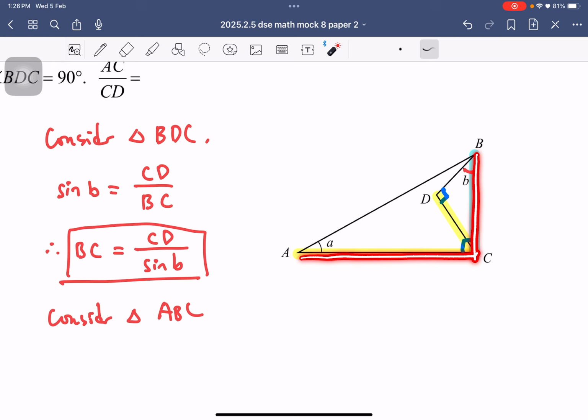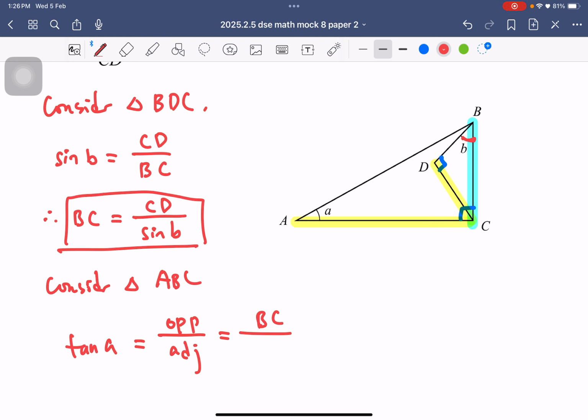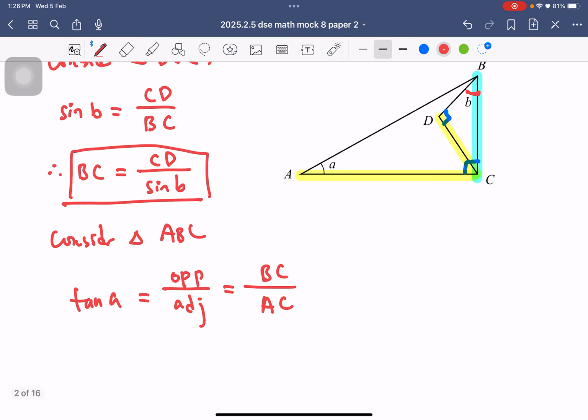So which one to use? Tangent. So tangent A is equal to the opposite divided by adjacent. So the opposite is going to be BC divided by what is adjacent? AC. So again, we can make BC be the subject.